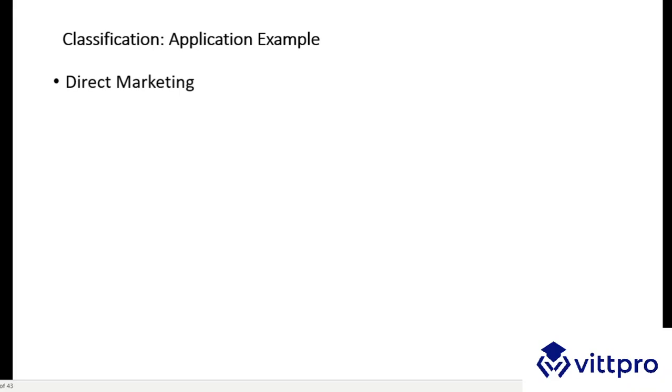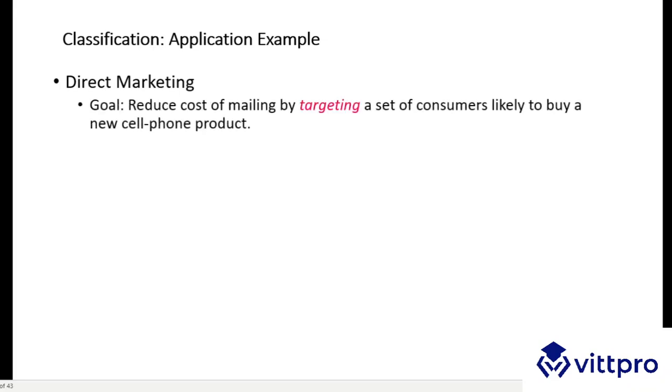These are some examples of how you can use classification. The goal is to reduce the cost of mailing by targeting customers who are likely to buy a new cell phone product.